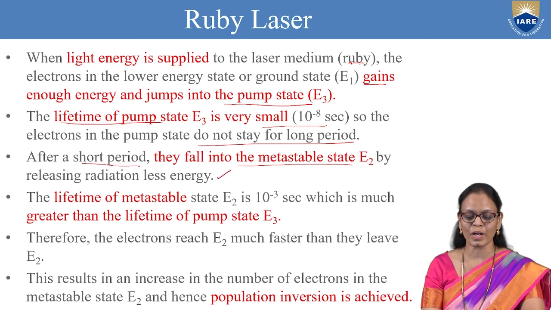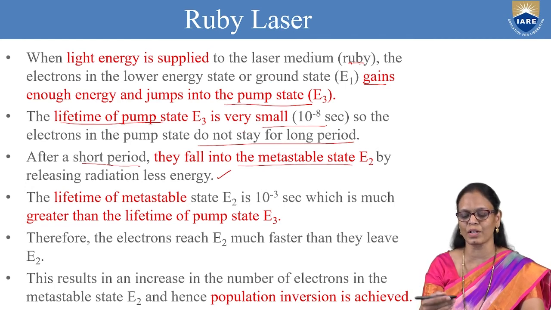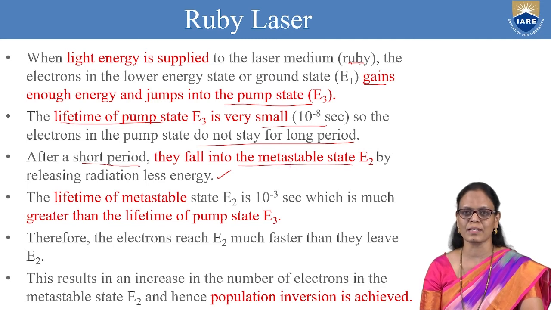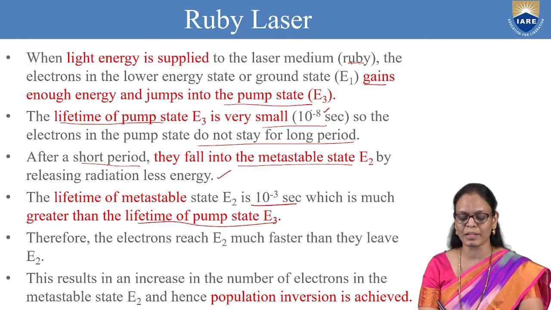Okay. So, what happens now is all the atoms that are there in the excited state, after the lifetime is over, have come to the metastable state. And the lifetime of the metastable state is 10 power minus 3, which is much greater than the lifetime of E3. If we see the lifetime of E3, it was only 10 power minus 8 seconds. But now they can stay for 10 power minus 3 seconds in the metastable state.